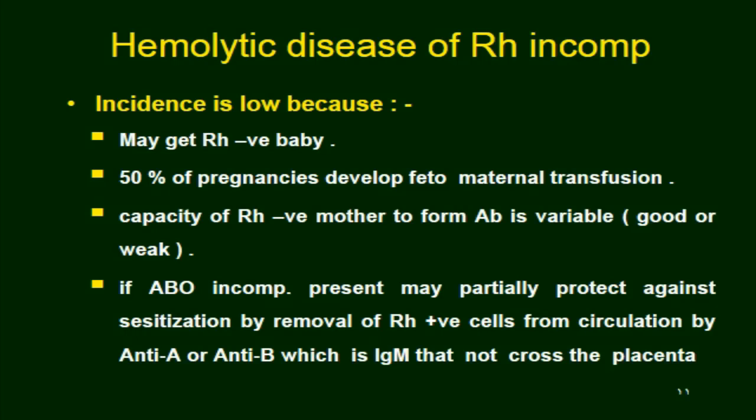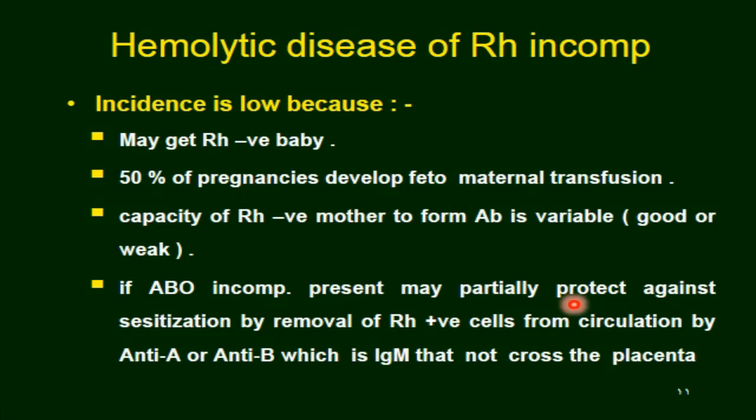The incidence of hemolytic disease of Rh incompatibility is usually low because the mother does not always get an Rh positive baby. She may get an Rh negative baby, so there will be no sensitization. Only 50% of pregnancies develop fetal-maternal transfusion.